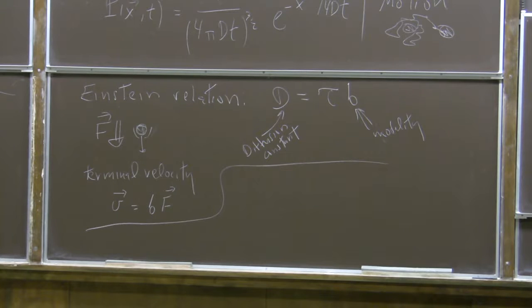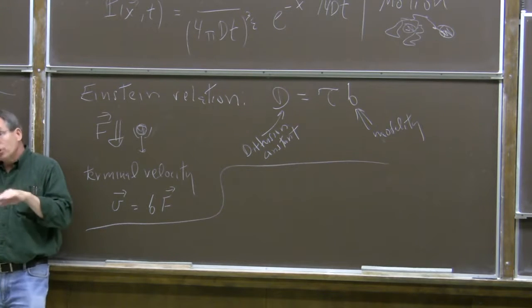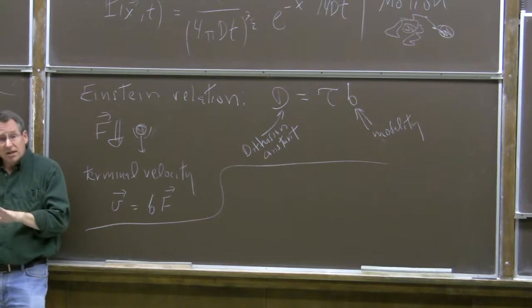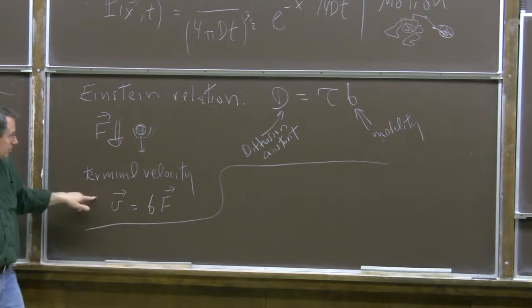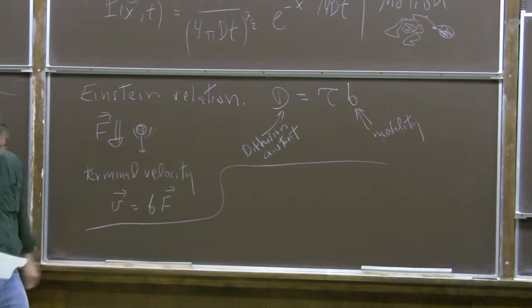And we'll reach a steady state where the diffusive flow, because there's a gradient in density, is exactly opposed by the terminal drift of the particles.